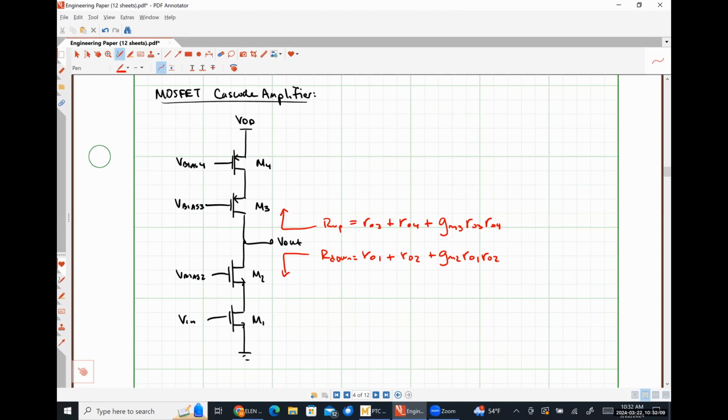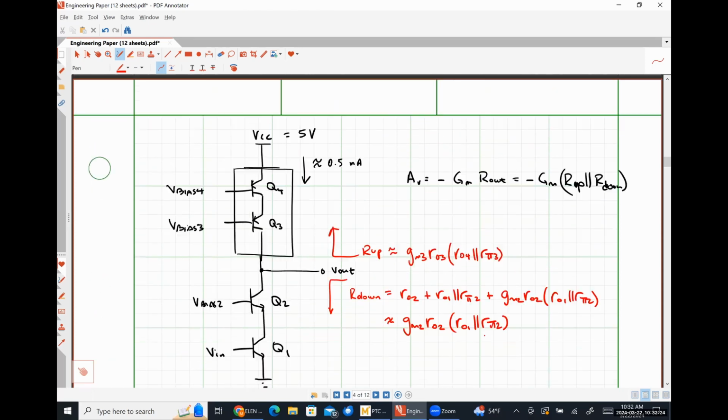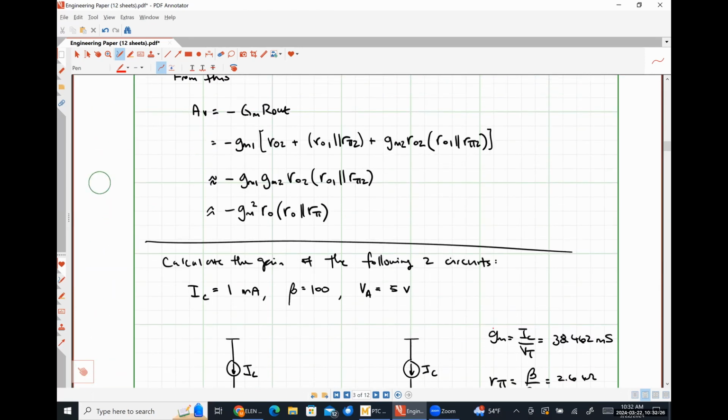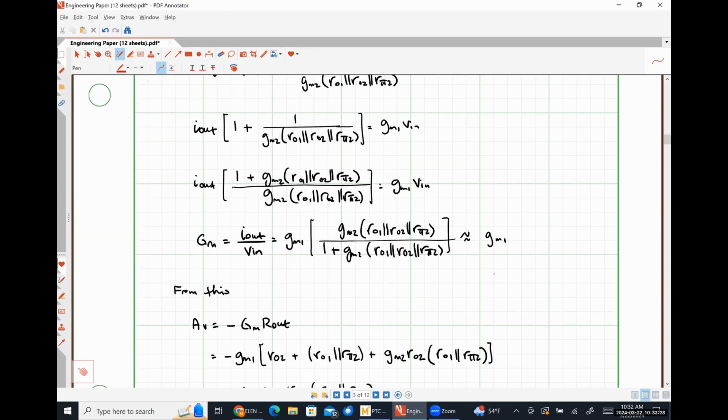it shouldn't take any stretch of the imagination to realize that our short circuit transconductance is going to look approximately like gm1. Let's just scroll back up here really quickly to kind of explain why. So now this is no longer looking like a beta because beta doesn't exist.